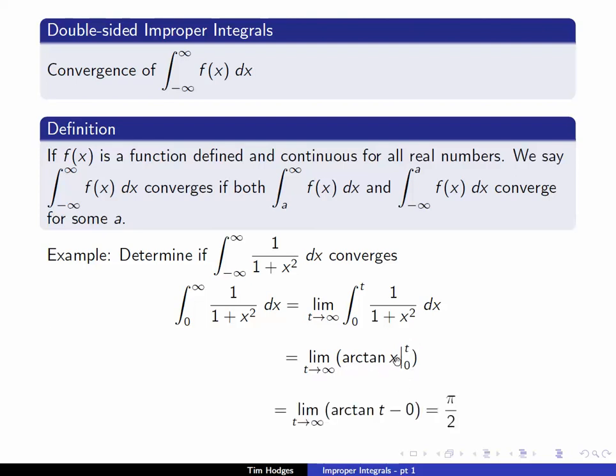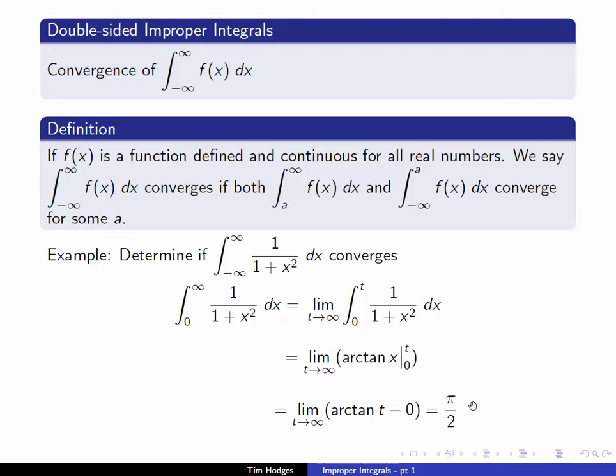That is arctan t minus arctan 0. Arctan 0 is 0, and as t goes to infinity, arctan t tends to pi over 2. So the area under this curve from 0 to infinity is pi over 2.